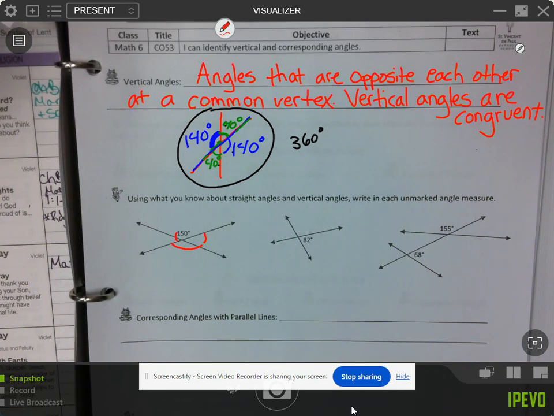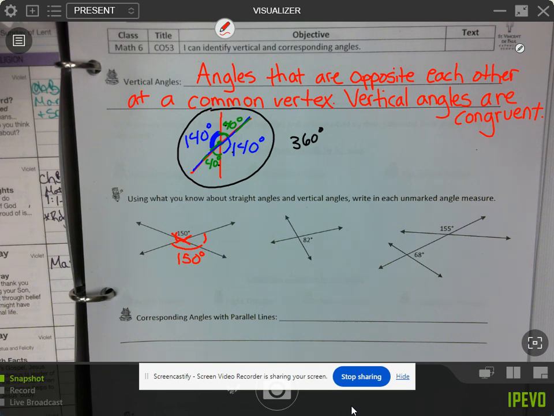Oh, but if we're not looking at a different objective, knowing what we know about vertical angles, what do we know, Jimena? 150. Yeah, this angle right here is vertical to this angle, so they are congruent, they have the same measurement. We're not flipping pages, we're just using our knowledge that we learned in the last objective. We're not peeking.